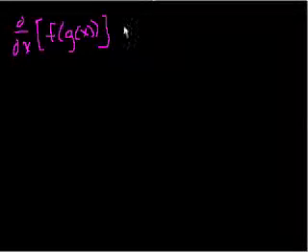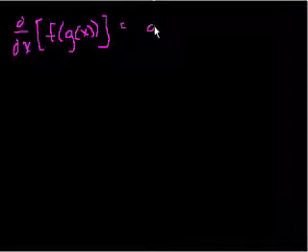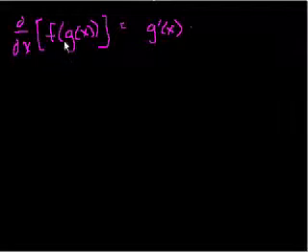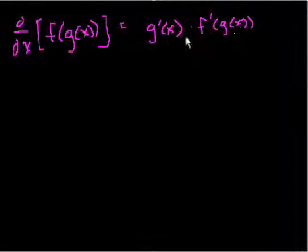The chain rule just says that the derivative of this composite function is the derivative of the inside function, g prime of x, times the derivative of the outer, or parent, function, still having g of x in it, times f prime of g of x. I know this might seem complicated if you aren't comfortable with this type of notation, but in example form, it makes a lot of sense.